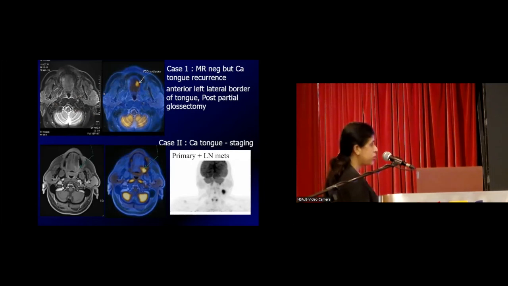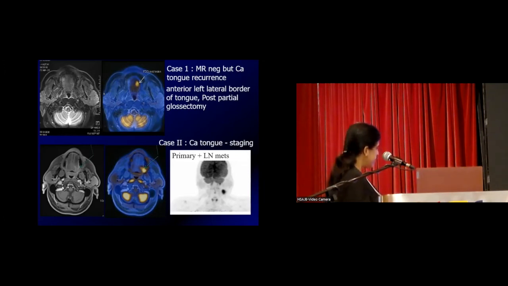This is a patient who has undergone partial glossectomy. So here FDG PET-MR has been incremental in identifying the right site of primary pathology. It was also useful because this was a patient with no other lymph nodal or distant metastasis, so the patient can be managed according to what the PET-MR imaging has shown.